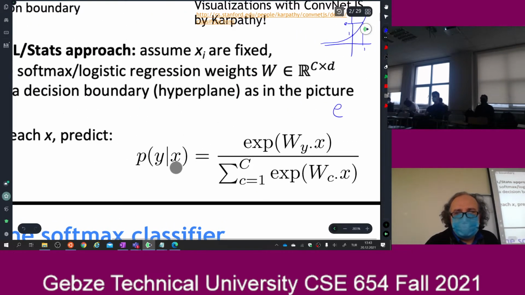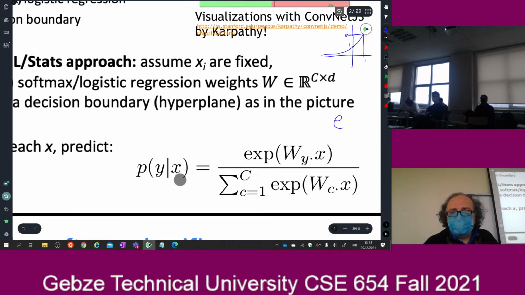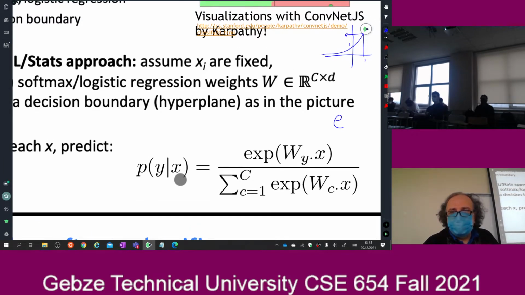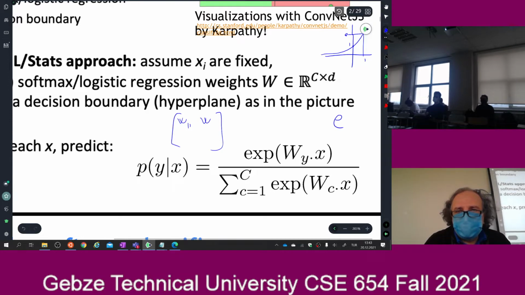Given the x, this is what I do. Remember, x is a 2-dimensional vector. Wy is the row of the column y. I have only 2 rows because remember W is something like W11, W12, W21, and W22.